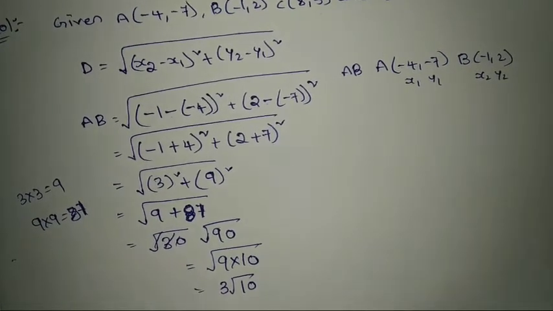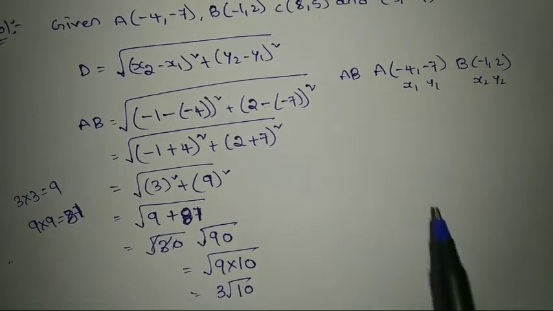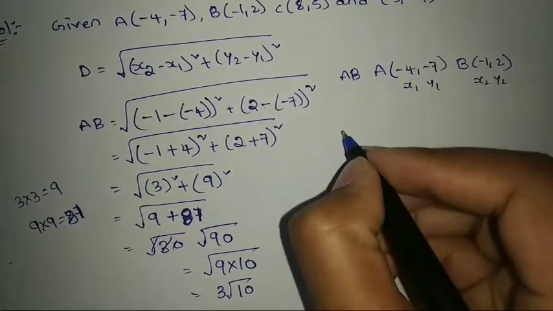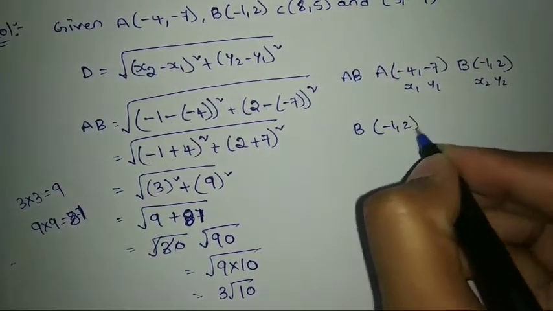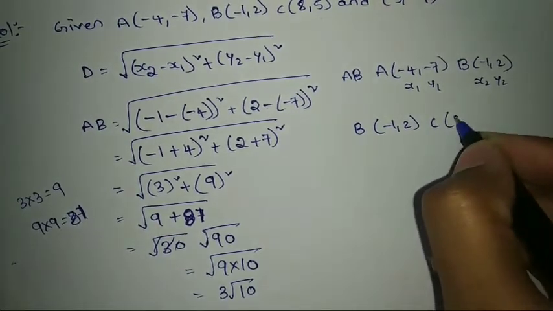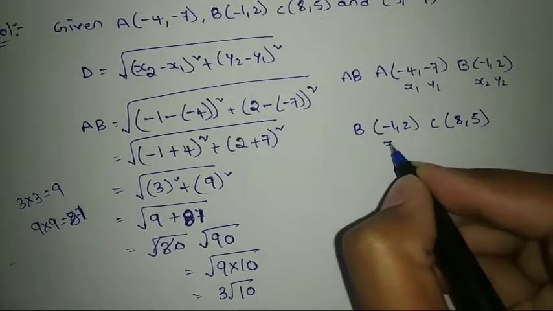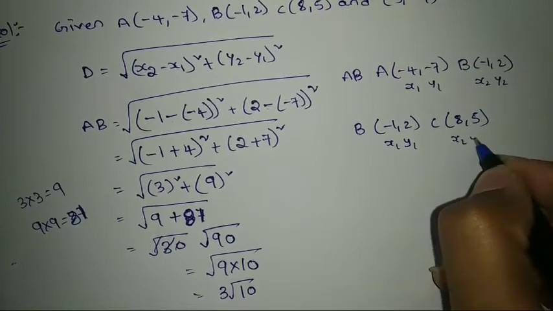So we got 3 root 10. Next we have to find BC distance. B points are minus 1 comma 2 and C points are 8 comma 5. x1 y1 x2 y2.